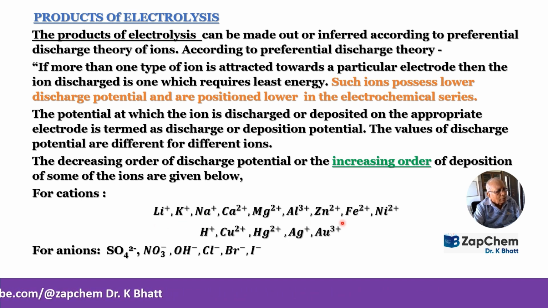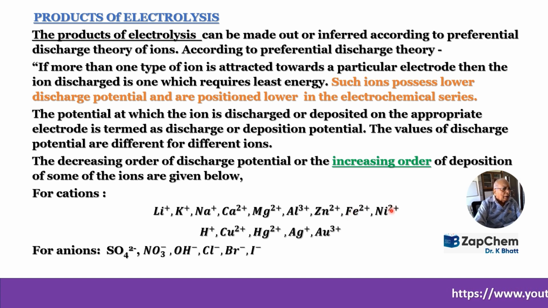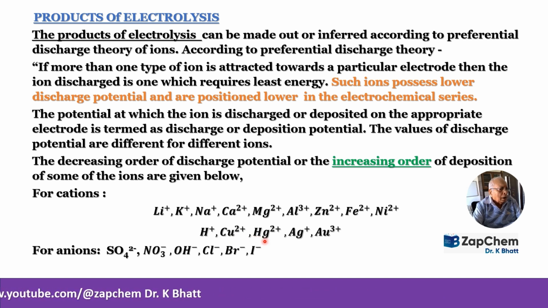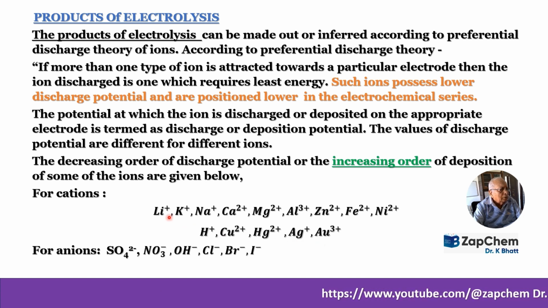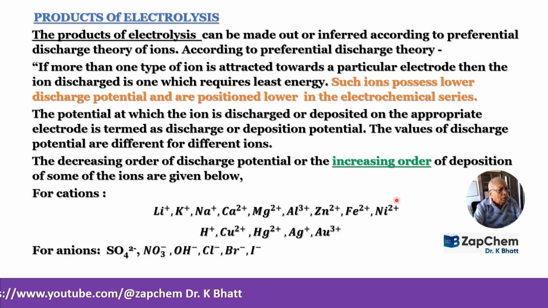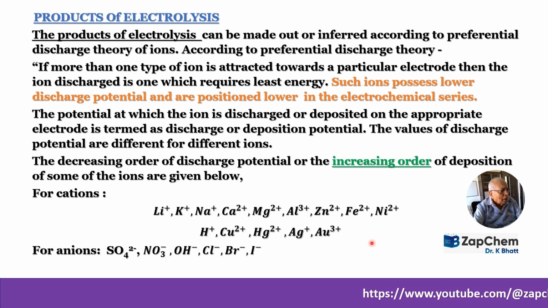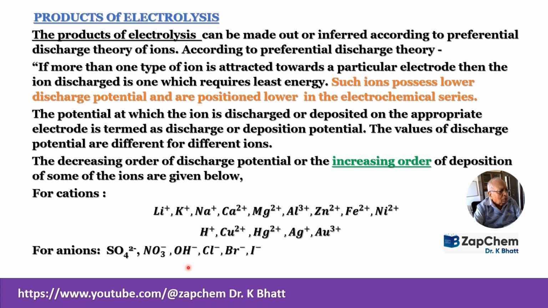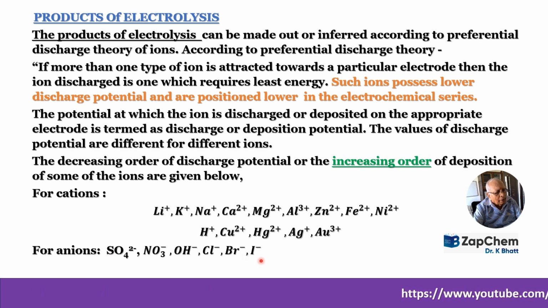Potassium, sodium, calcium, magnesium, aluminum, zinc, iron, nickel, hydrogen, copper, and mercuric, silver, and gold. These are the few common cations which will be deposited in the electrolytic series according to this order. And as for anions, the increasing order is like this: sulfate, nitrate, hydroxyl ion, chloride ion, bromide, and iodide.